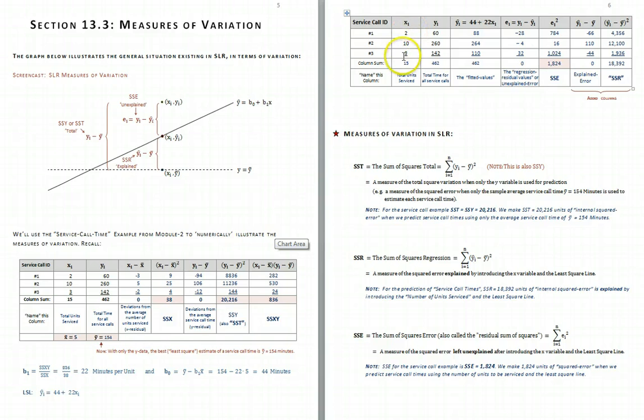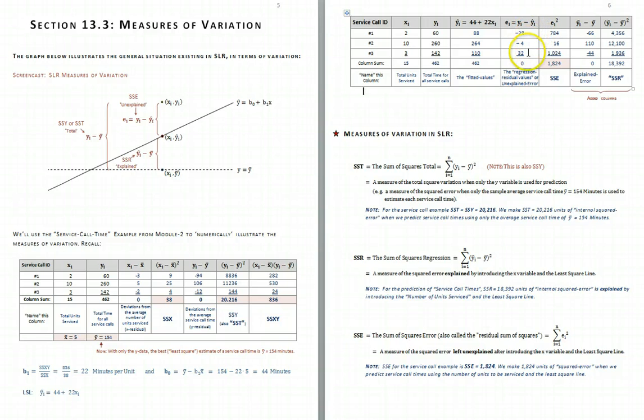On this table, this column just repeats the number of units being serviced, and in this column the service call times. Here are the service call time fitted values. That is, we're plugging in the number of units being serviced and trying to estimate the service call times using the simple linear regression line. Here are the actual service call times.